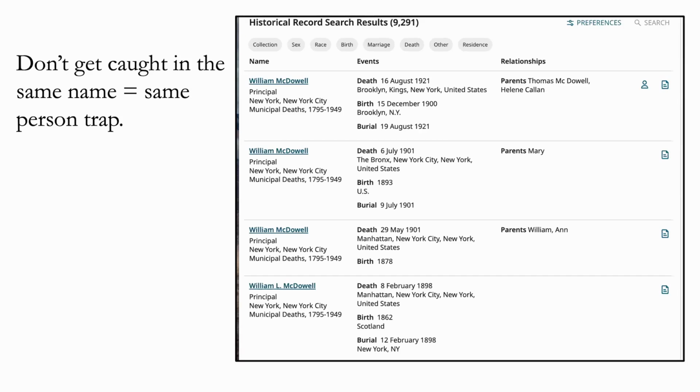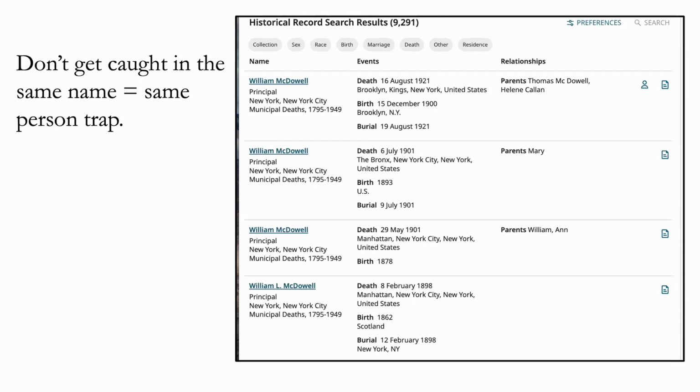If we look at these four records that are showing, the first record shows up as a birth in Brooklyn. The second one is a birth in the United States. The dates are different. The third one is a death record with a birth in 1878, which is different than the other two, and so forth.